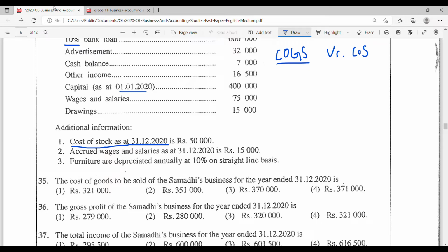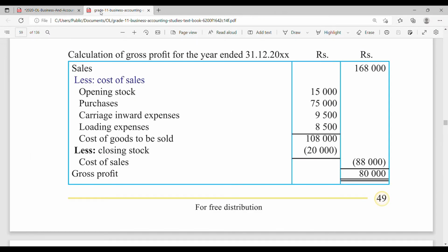In your grade 11 textbook, page number 49, they would have given a clear breakdown. Cost of goods to be sold includes opening stock, purchases, carriage inwards, and any loading expenses involved, and the sum of all that will be cost of goods to be sold. To find cost of sales, you need to deduct closing stock from the cost of goods to be sold. Why?